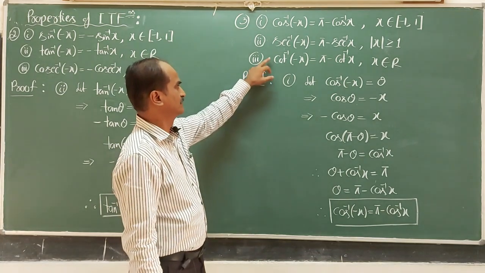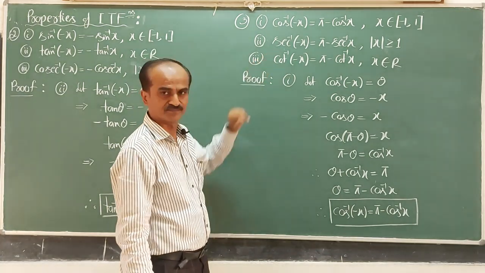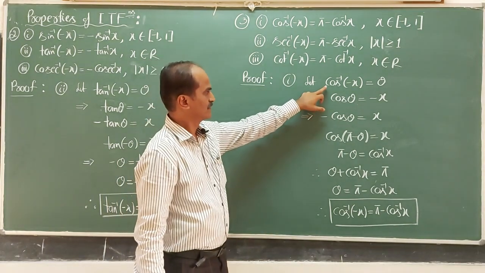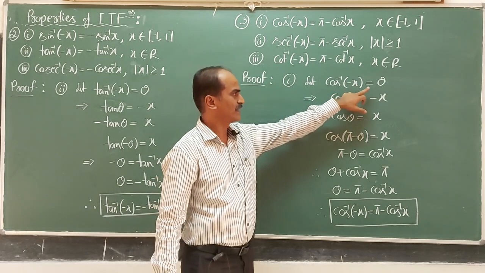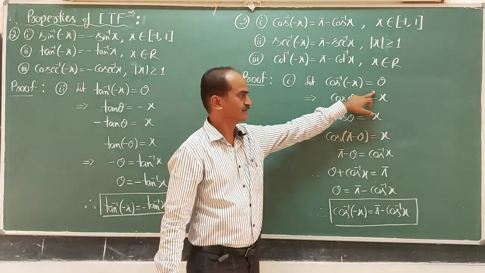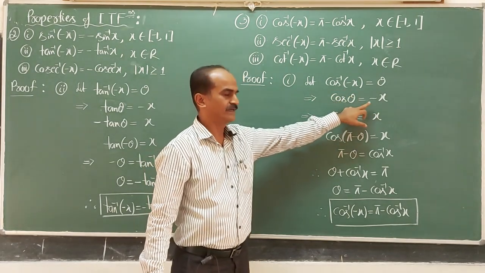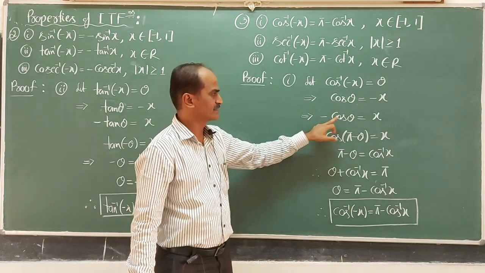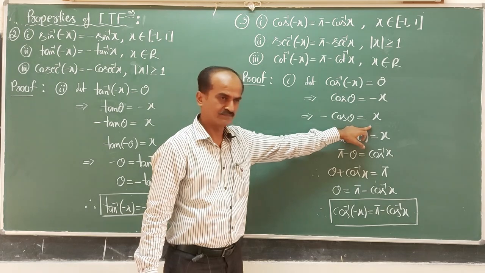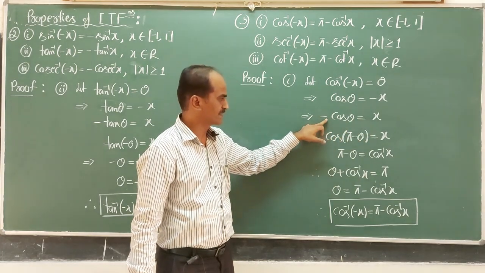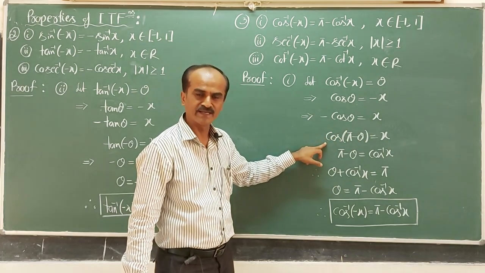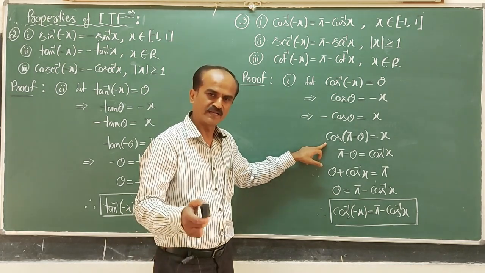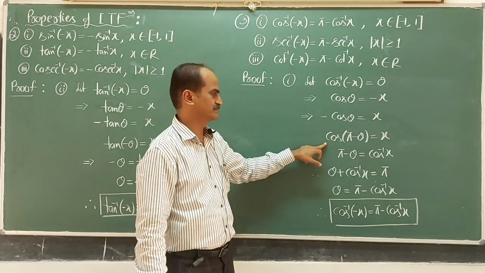Now, similarly, I can prove the second one in the same way. Secant inverse of minus x, call it theta. Secant theta is minus x. Minus secant theta is x. Minus secant theta can be written as secant of pi minus theta, because secant of 180 minus theta is minus secant theta.